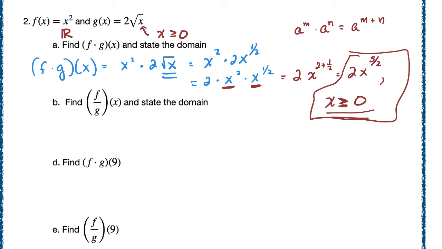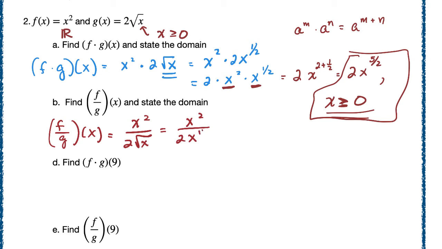F over g of x means to take function f, x squared, and put it over function g, 2 times the square root of x. Let's see if we can simplify this a little bit. That's x squared over 2 times x to the half. Now here, because we have an x squared and we're dividing by x to the half, our rule is we subtract exponents.